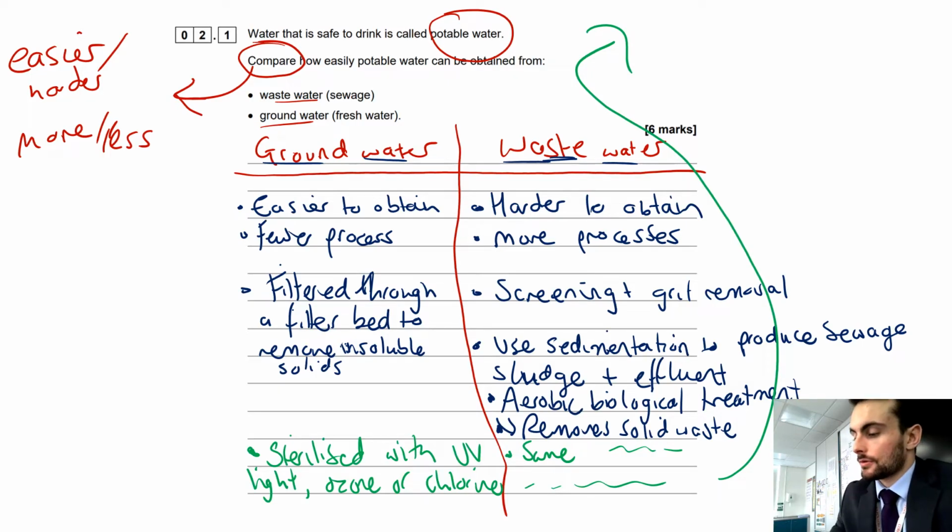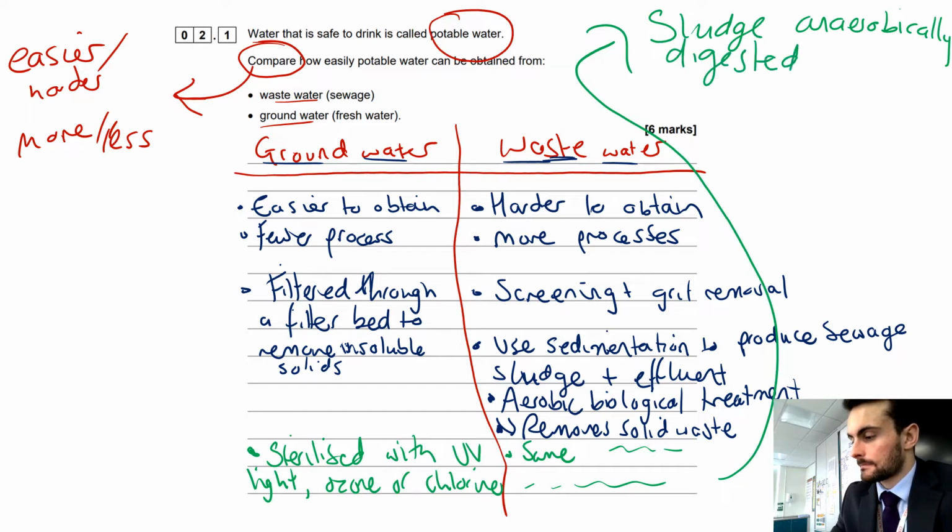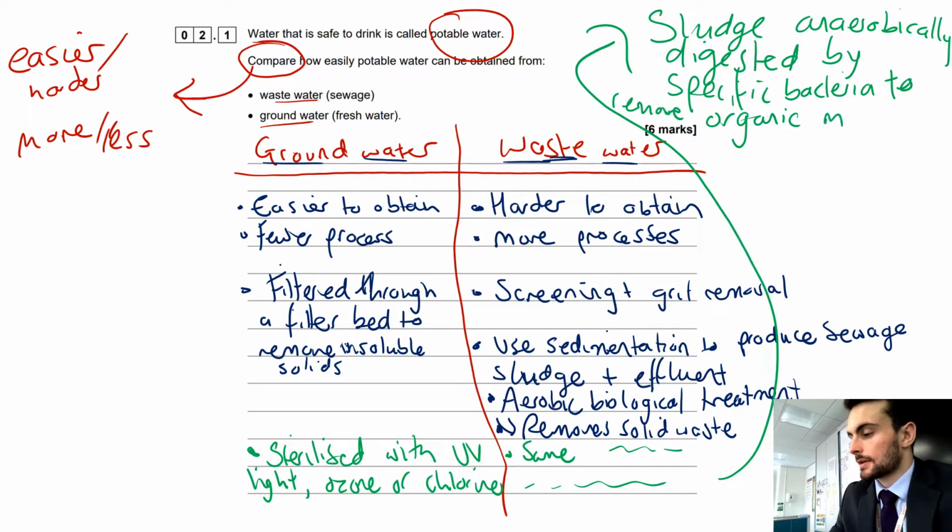At that point the sludge needs to be anaerobically treated and digested by a specific kind of bacteria, because at that point you've got rid of most of the bad stuff, but you've got to get rid of anything that may still be organic in there, to remove organic matter.